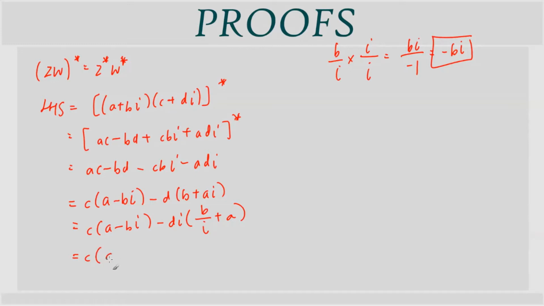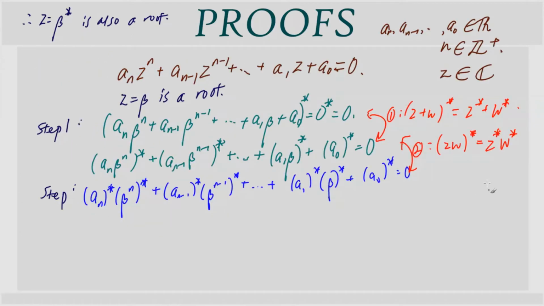So I get C times A minus BI, minus DI times A minus BI. And using grouping, I have A minus BI times C minus DI, which gives me what I really want, which proves the property over there, that ZW conjugate is equal to Z conjugate times W conjugate.